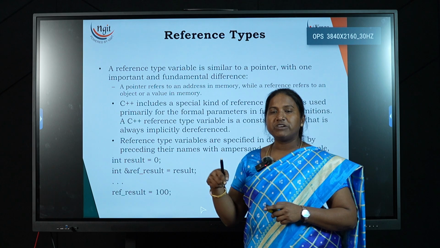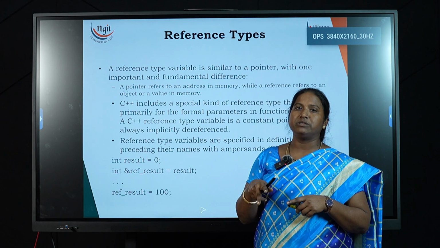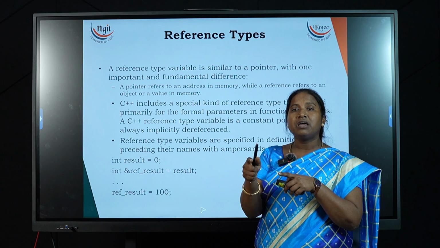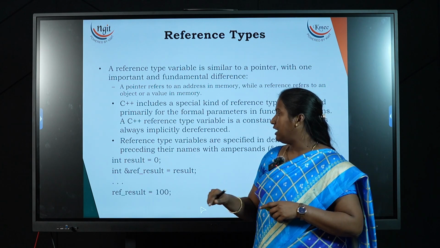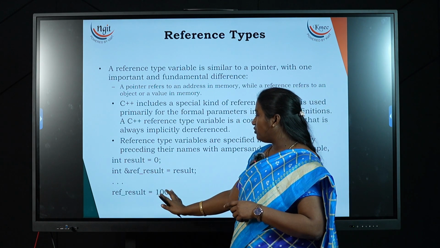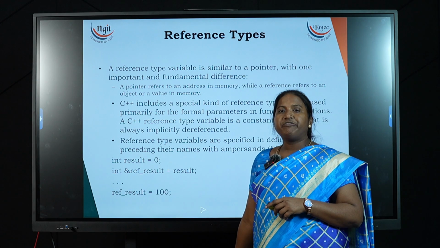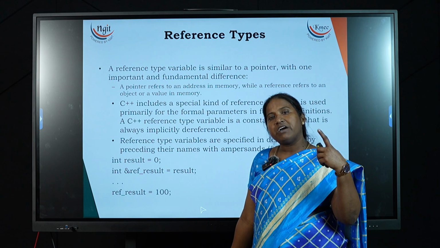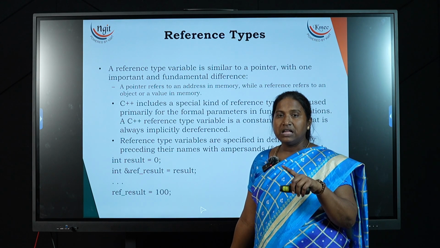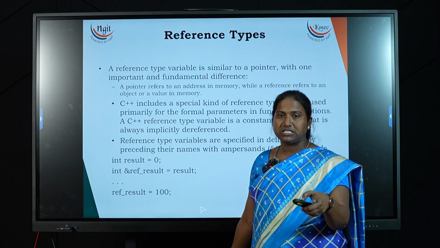We were seeing the syntax of C just now. In C++ we use reference. What is a reference? We refer to the address of the variable through an object or through a value. This is what we use in C++. If you see the C++ code, you won't find any asterisk symbol, correct? In C we have the star symbol, which represents the dereferencing operator that we just discussed, right?